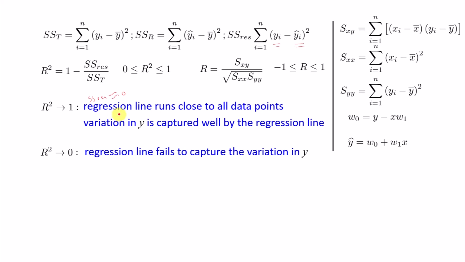So it is missing all the information. It is nowhere close to any data point. So it is missing all information. So it is not a good idea to have R square tend to 0. It tells us that this is not a good regression. Linear regression will not work here.